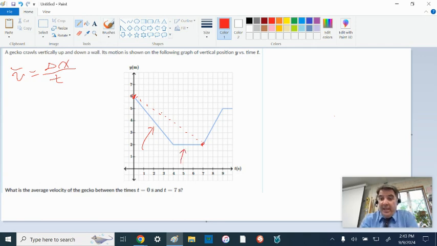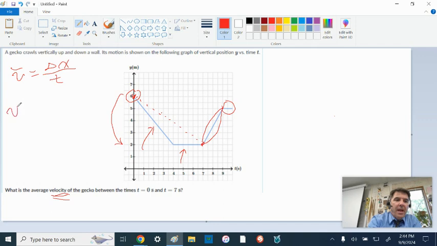And I'm like, oh my gosh, you're making your life difficult. Yes, slope is a great way to find the average velocity when you have a section like that or a section like that. But for a two-part section, it's a lot easier just to do this. My change in velocity, and it is velocity, so it can't be negative, is I go from 6 down to 2.